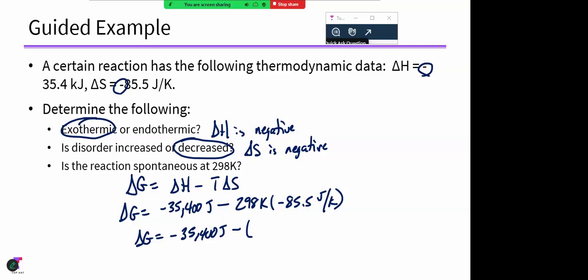298 times negative 85.5 is negative 25,500 joules.